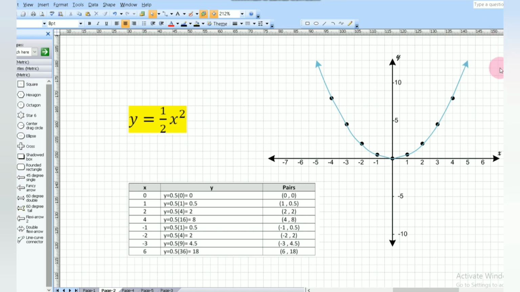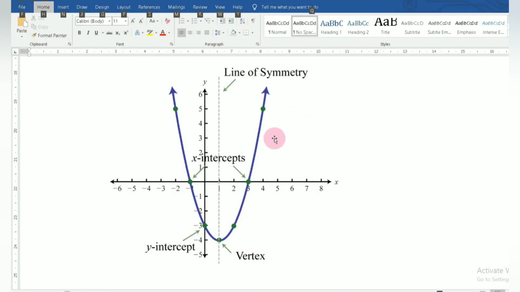One more thing about this one is the range. The range, all values of y that come from this graph, is the non-negative reals: zero and the positive. There are no negative values for y. So this is another example of a parabola or quadratic function.